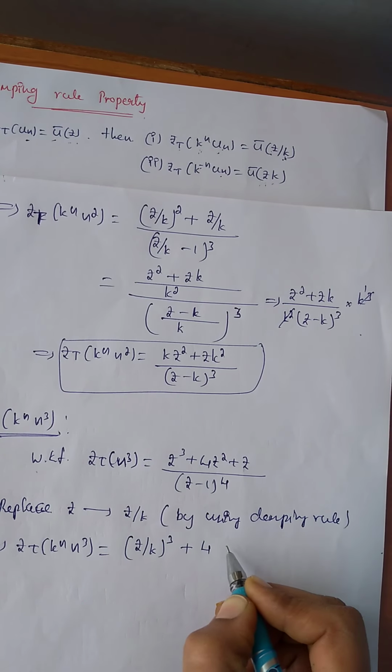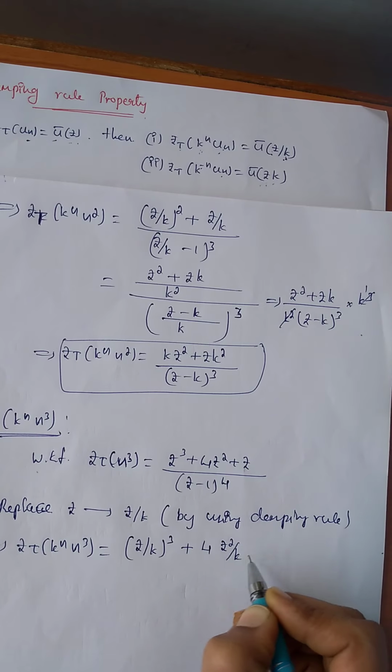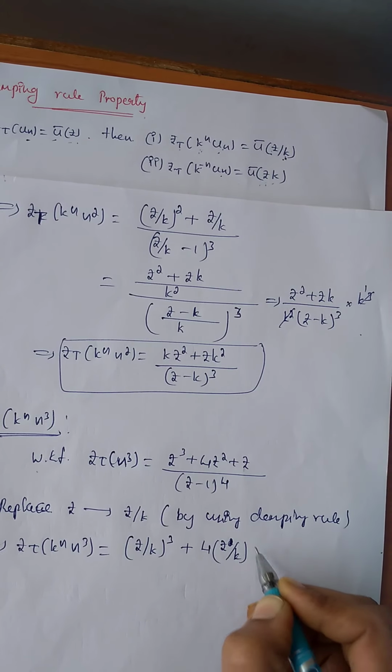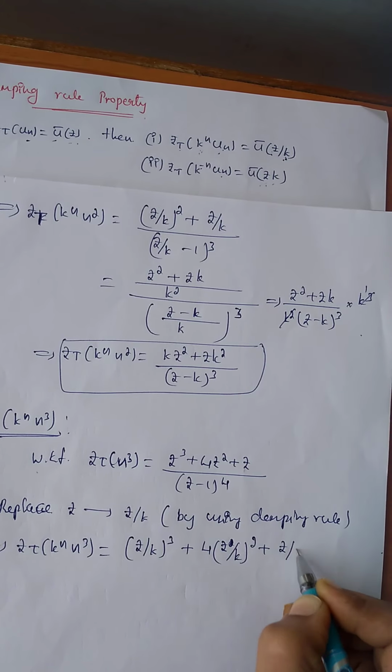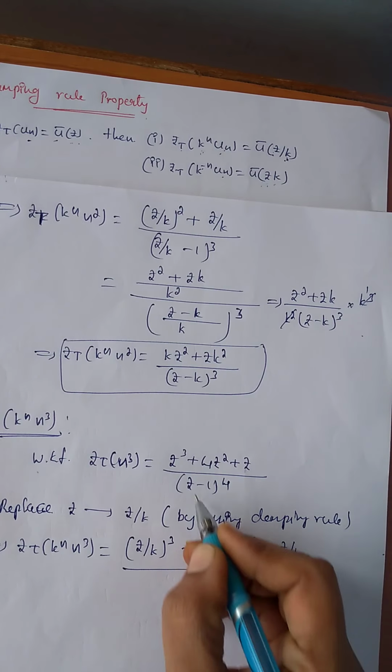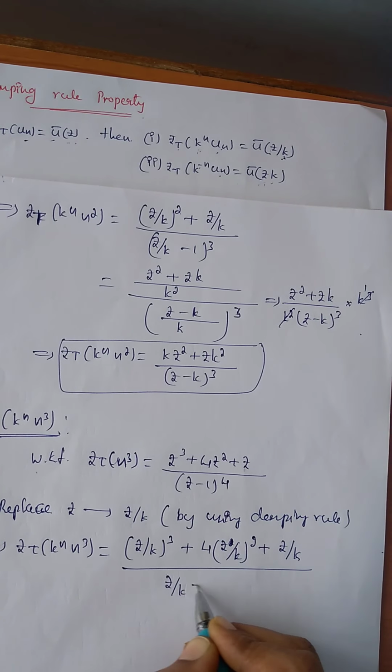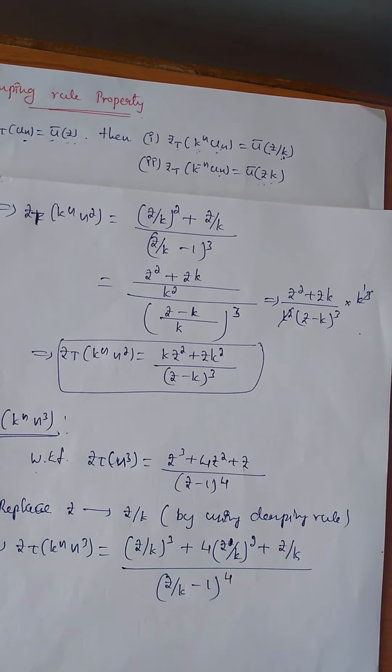The second term 4, z replaced by z by k, we get z by k whole square plus z divided by k, and the denominator replace z by k minus 1 to the power of 4.